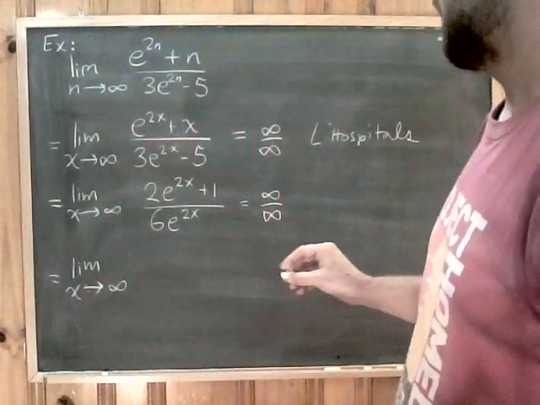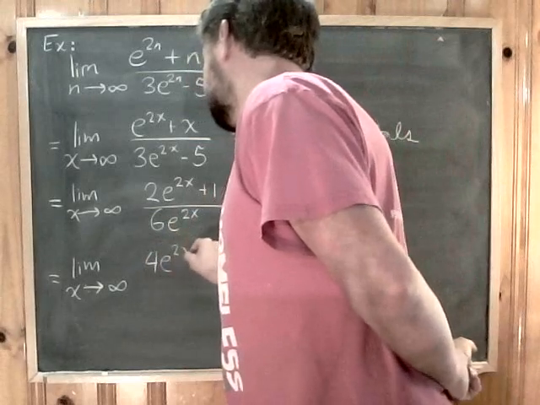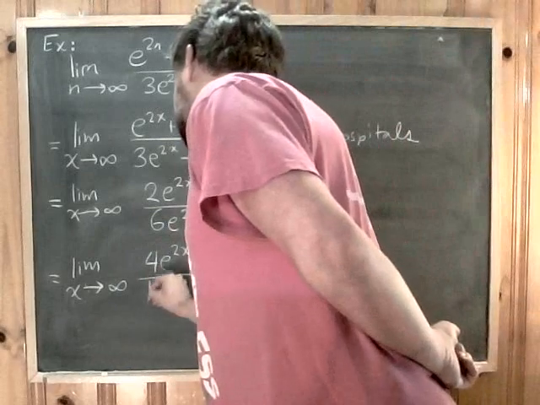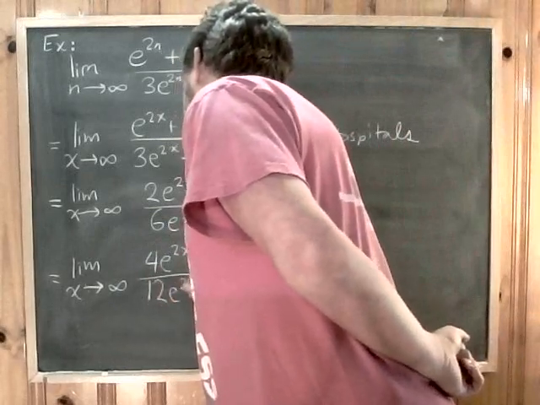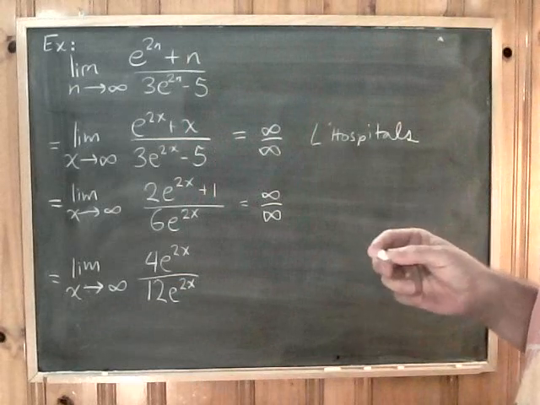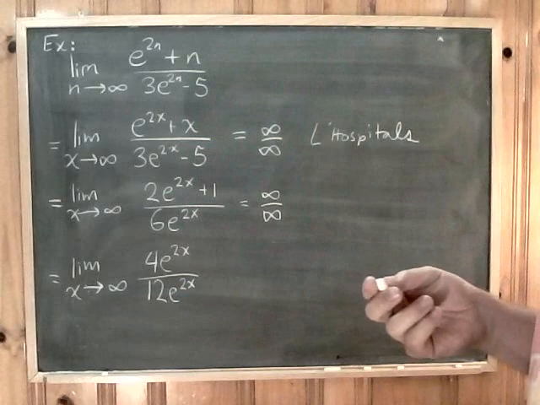So this time I'll have a 4e^(2x) on top, plus 0, and I have 12e^(2x) on the bottom. And now it looks like infinity over infinity, but we notice that there's a common factor of e^(2x).